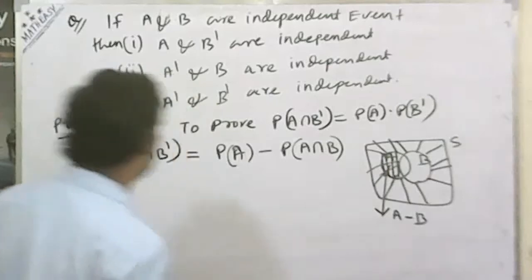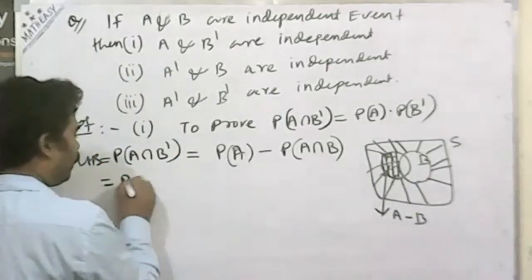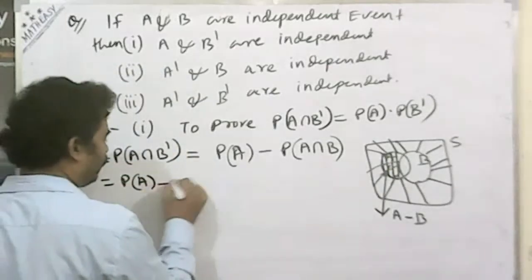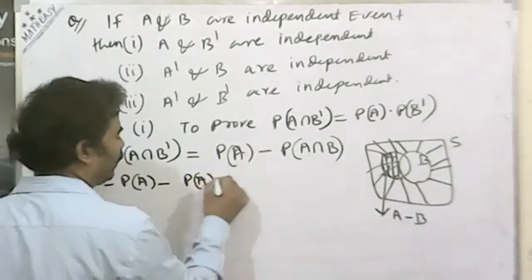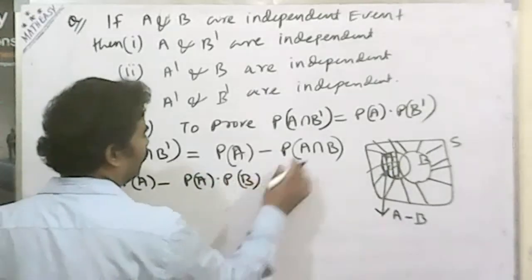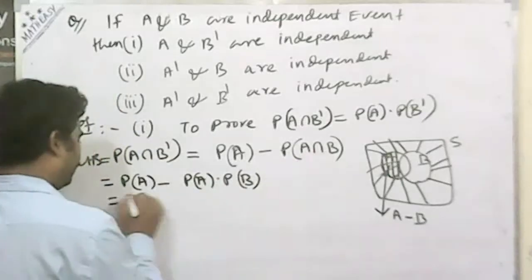So that, probability of A minus probability of A into probability of B, because here it is independent events.